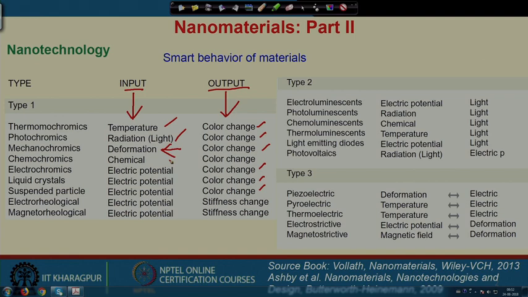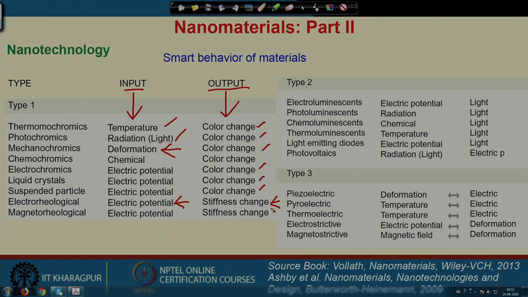Or electrochromics, and liquid crystals, where we apply an electric potential which causes a color change, or suspended particles, where an electrical potential also causes a color change. Or the rheological properties of a material can be changed by an electrical signal: we apply an electrical potential and it simply changes the stiffness of the material.